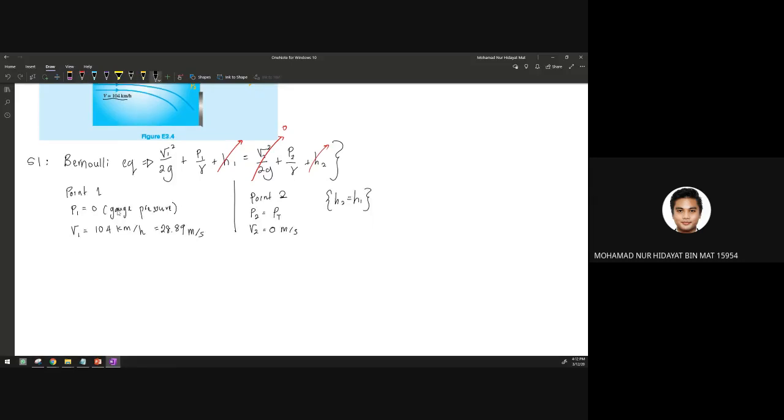So you rewrite the Bernoulli equation. Step number 2 is V1 squared over 2g plus P1 over rho g equals P2, which becomes the stagnation pressure PT, so PT over gamma. Gamma is rho times gravity.